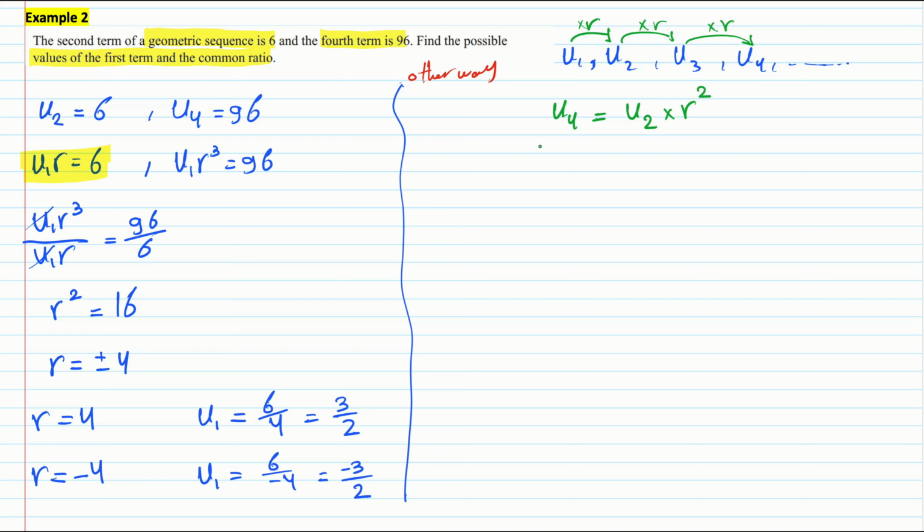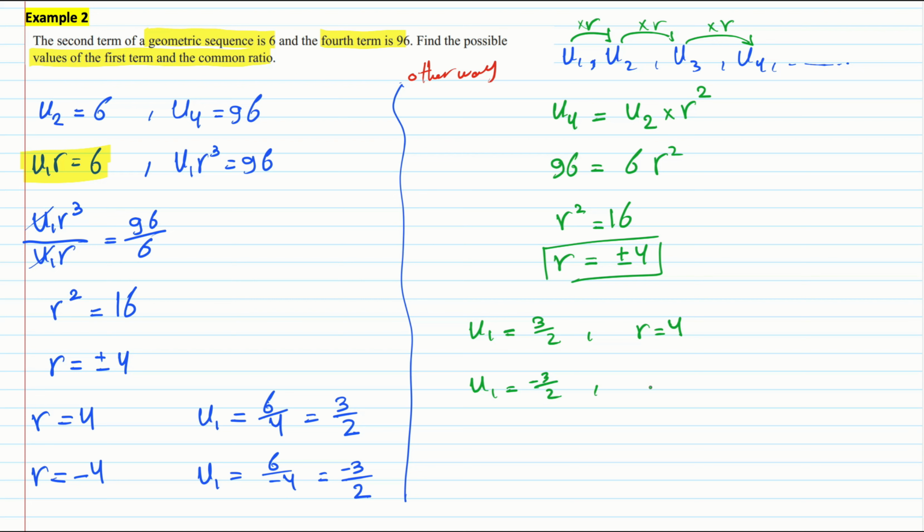Now substitute the value of U4, 96 equals 6, U2 equals 6 R squared. So R squared equals 16 and R equals positive or negative 4. Now we're going to substitute and find U1 in the same way. So U1 equals 3 over 2 when R equals 4 and U1 equals -3 over 2 when R equals -4.